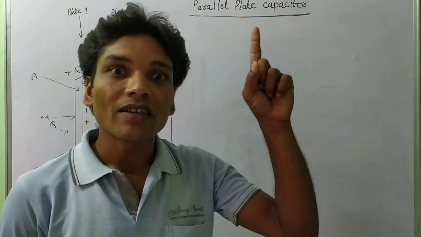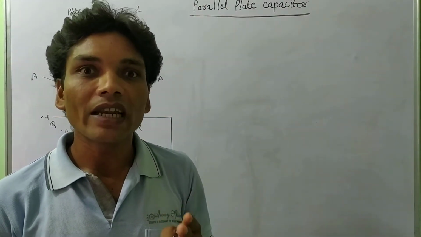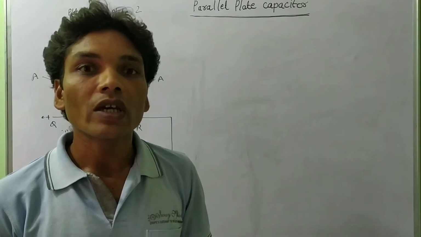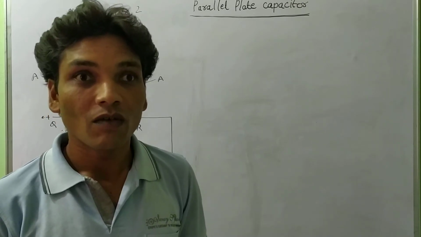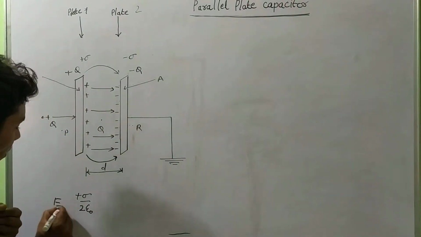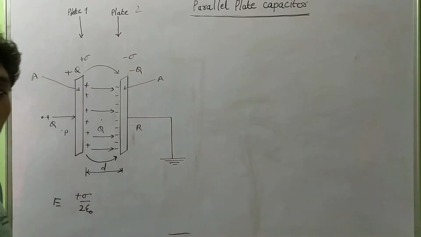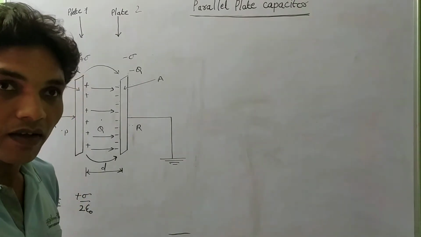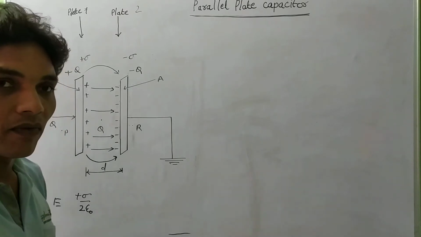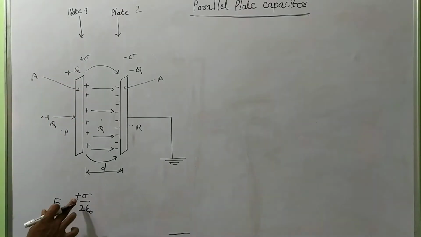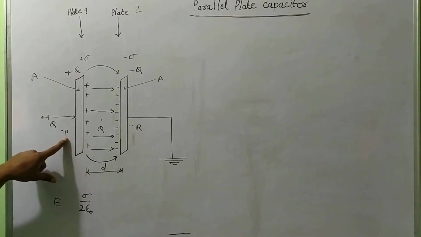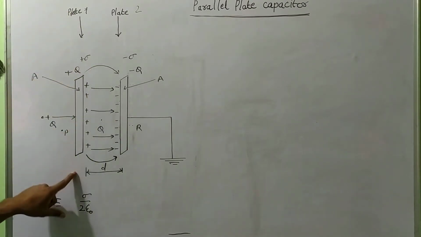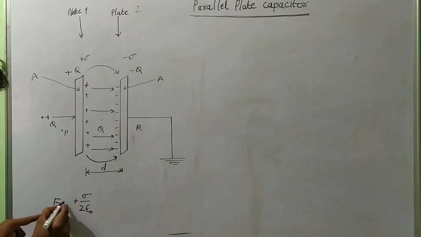We had studied that the intensity of the electric field due to an infinitely charged sheet is E equals sigma upon 2 epsilon naught. We had found this formula. Now by this formula, the electric field intensity at point P due to plate 1 will be plus sigma upon 2 epsilon naught.